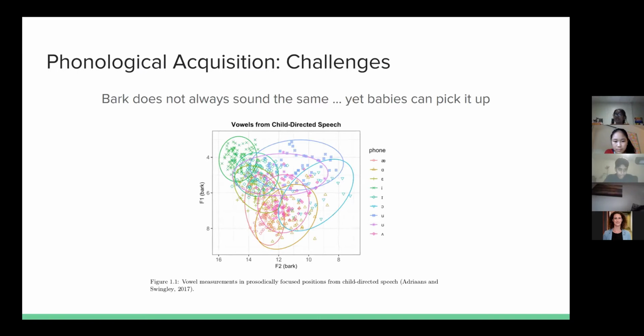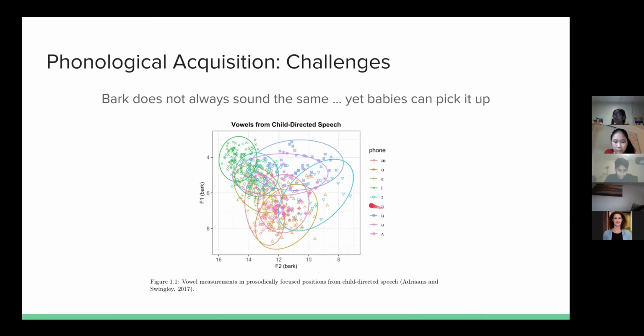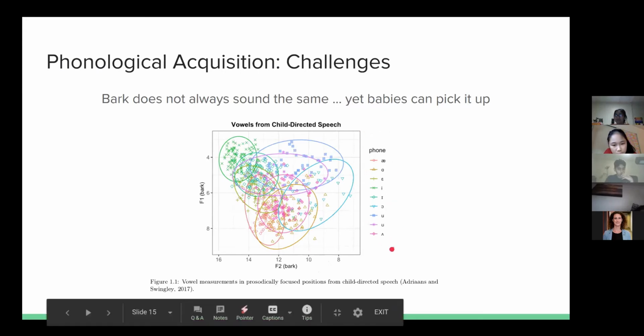A certain sound is pronounced in many different ways when we plot F1 versus F2. If we do the same for various other phonemes, which are basically vowels written in the phonetic alphabet, we see that they are all overlapping and all over the place.